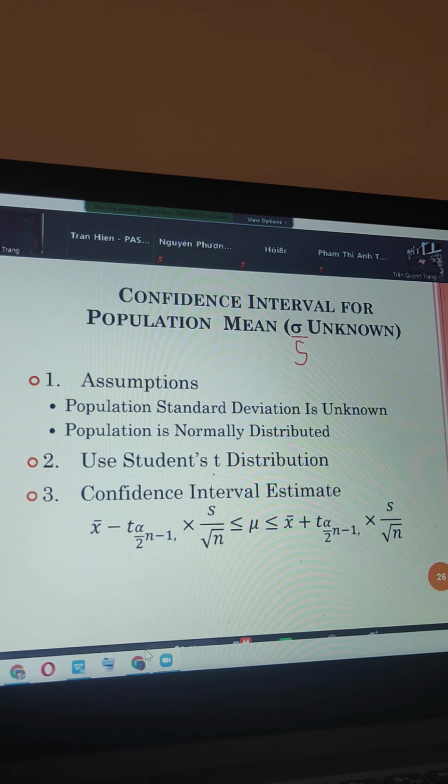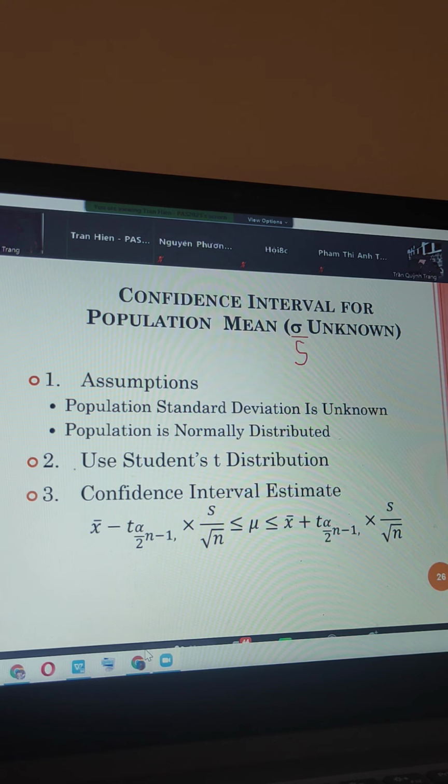We have a new one, the student T distribution. Although the mathematical development of the T distribution is based on the assumption of a normal distribution for the population, research shows that the T distribution can be successfully applied in many situations where the populations deviate significantly from normal.